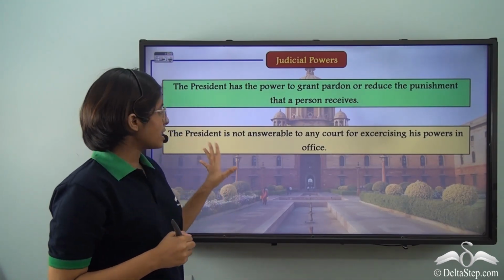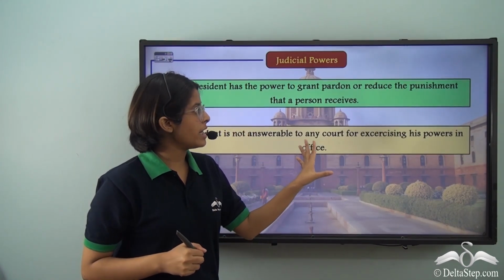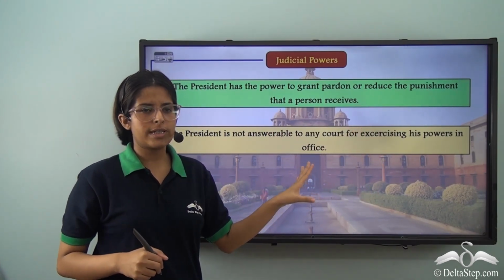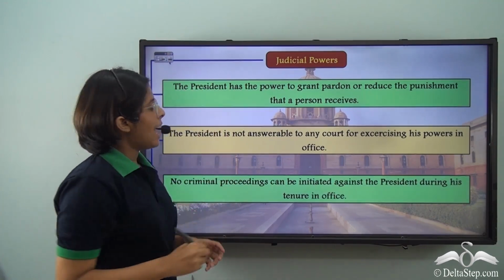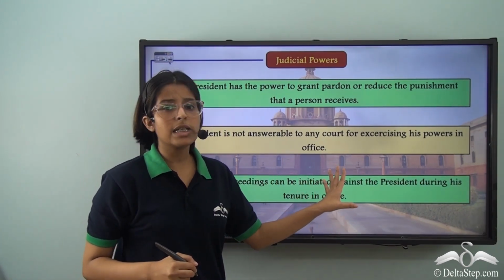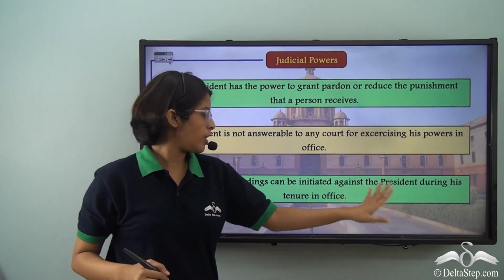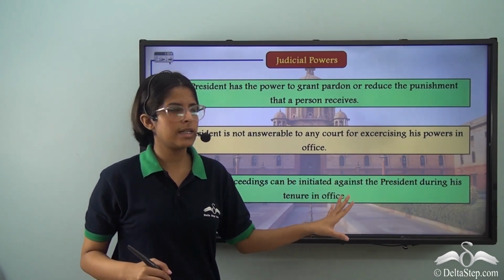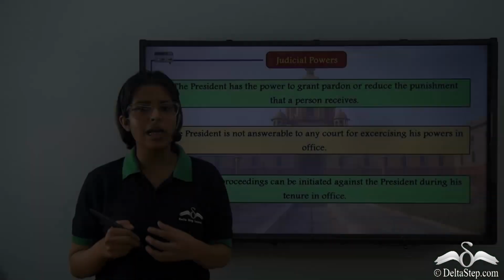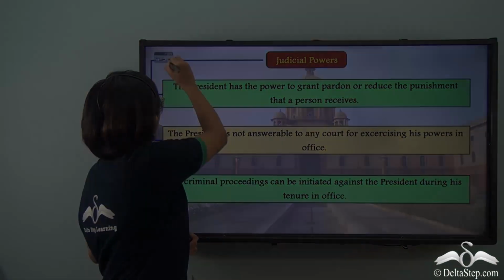Secondly, the President is not answerable to any court for exercising his powers in office. And thirdly, no criminal proceedings can be initiated against the President during his tenure in office. These two are the immunities that have been given to the President by the Constitution.